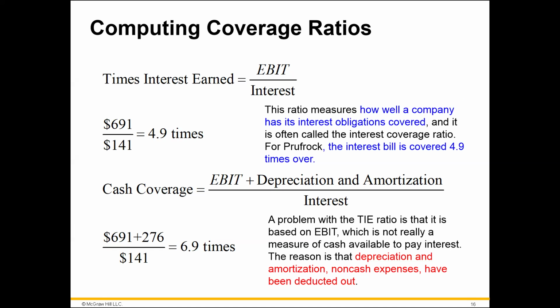This measure indicates how well a company covers its interest obligations. So for our example of the preferred corporation, this ratio is 4.9 times, which means that the preferred interest bill is covered 4.9 times over, right?